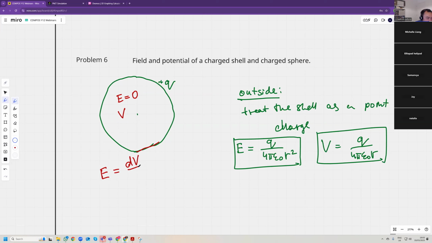And then at the surface, it is Q divided by 4 pi epsilon naught r squared. And from here, it behaves as 1 over r squared, 1 over small r squared.